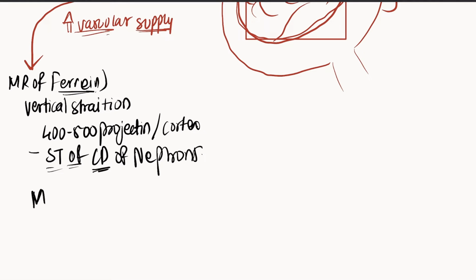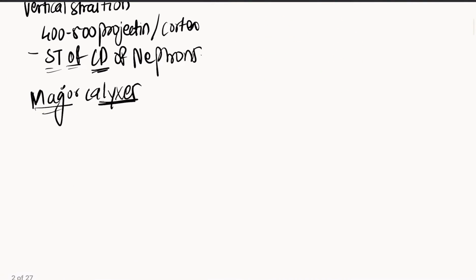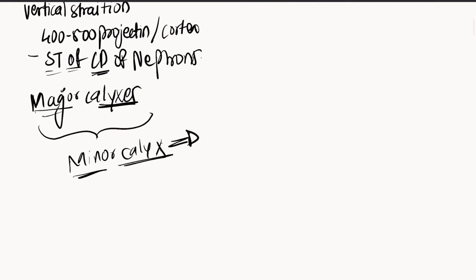Further, there are the major and minor calyxes. There is the major calyx, and there is the minor calyx. This represents an extension of the renal pelvis.